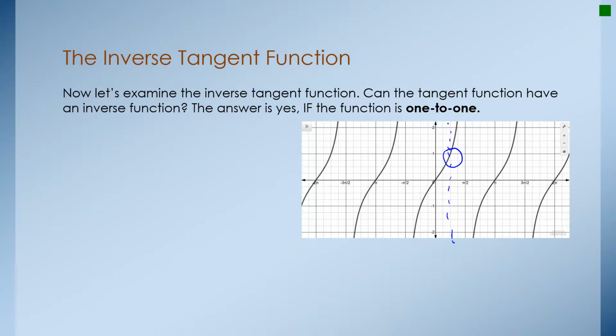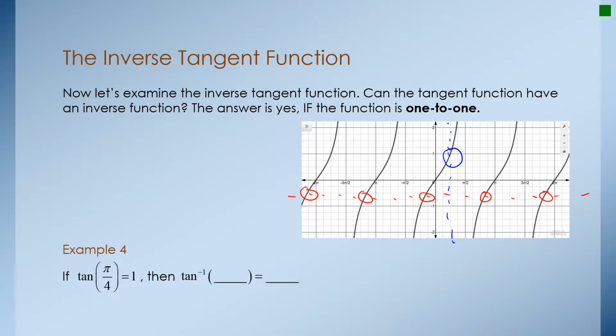If I reverse that and do a horizontal line test, I see that I cross in multiple spots. So I need to restrict this graph or this function. I need to restrict its domain. Before I do that, let's take a look at this example, making sure that we understand how the inputs and the outputs reverse.